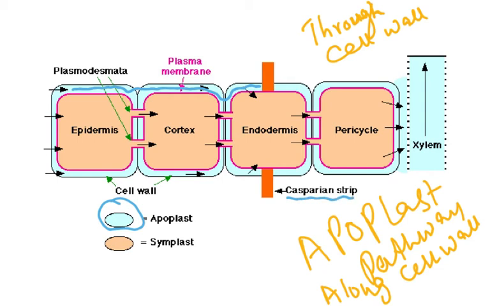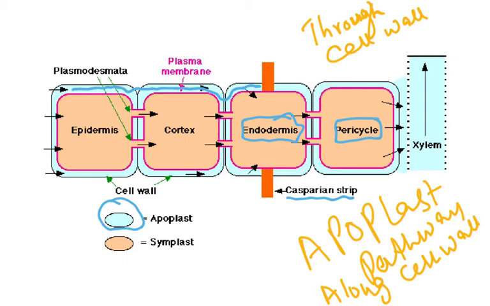And the Casparian strip is that layer of suberin which surrounds the endodermis cells. The Casparian strip is the layer of suberin which is surrounding the cells of the endodermis. And then of course after the endodermis, you see we've got the pericycle.